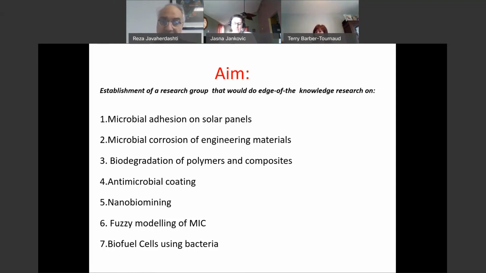They naturally produce it. Fuzzy modeling of MIC, I can assure you that for the first time, fuzzy logic and fuzzy calculus have been used in order to address a natural and very complicated process such as MIC, and also use of bacteria for biofuel cells.